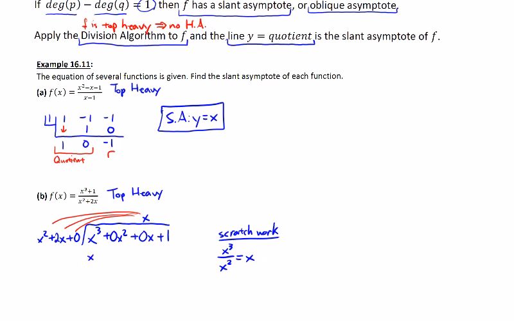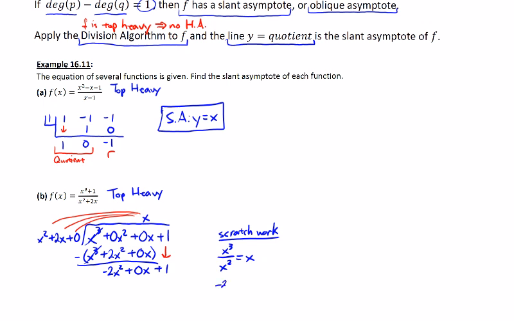I'll write that down underneath my dividend, x cubed plus 2x squared plus 0x, and that becomes the quantity that I want to subtract from my dividend. The x cubes will cancel. 0x squared minus 2x squared will be negative 2x squared. 0 minus 0 can still just be 0, and then we'll bring down the plus 1, completing the first round.